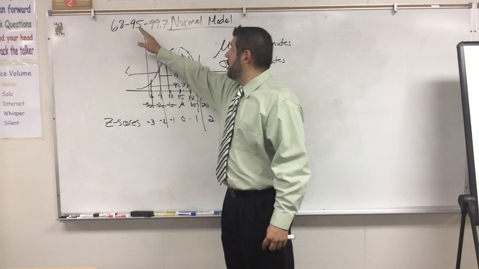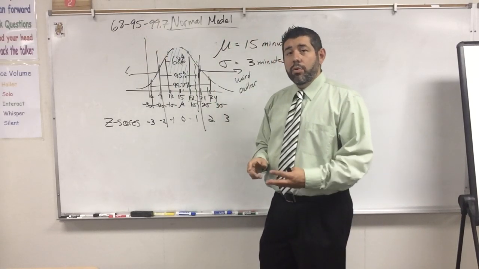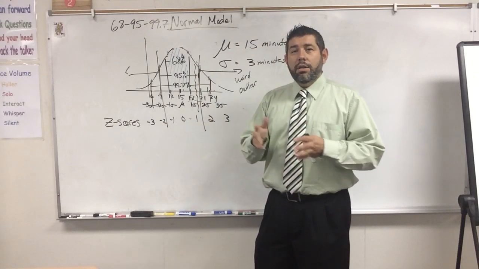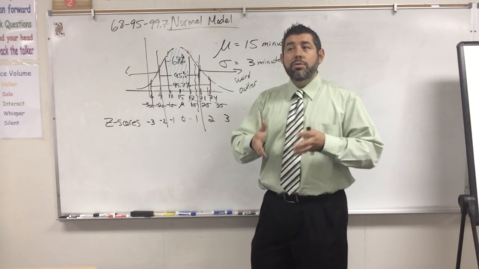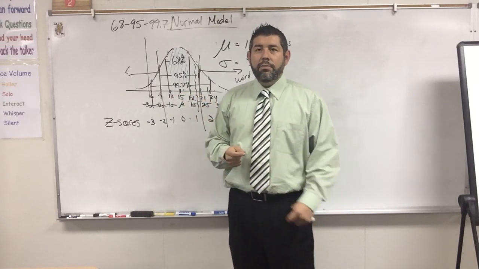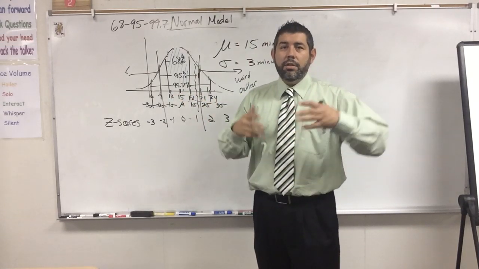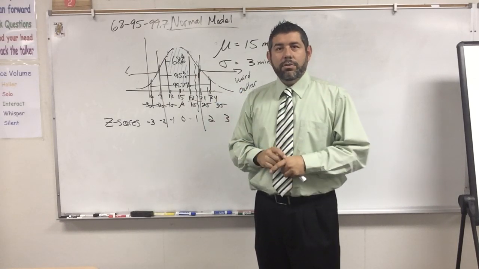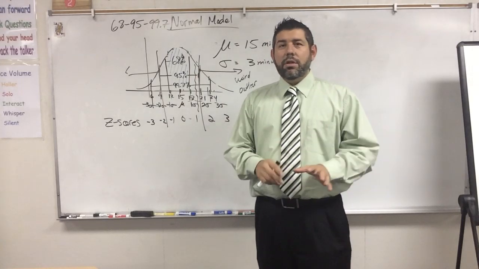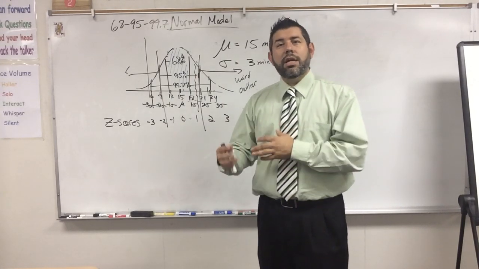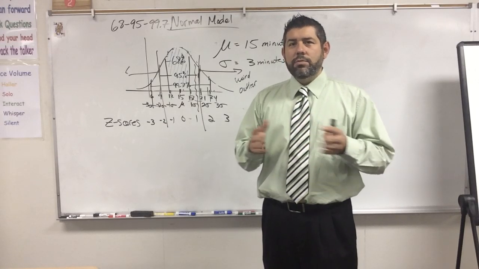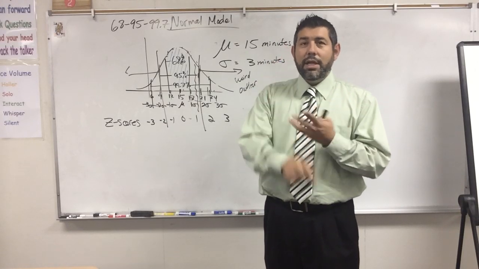And we can use the 68, 95, 99.7 percent rule to see how much of the population is between any two Z-scores, in terms of 1, 2, 3, 4 in this case. We can use that to determine all kinds of different things that we're interested in. So in my next video, I'm going to go over a couple examples of how we use the normal model. This was just what the normal model is and why it's important in terms of Z-scores, mean, and standard deviation.